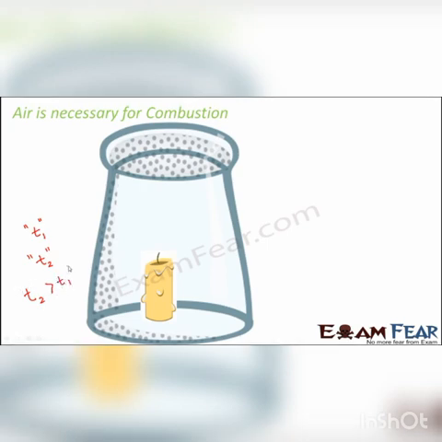That means the time for which the candle lighted in the second case is more than the time for which the candle was on in the first case. Why? That is because in the second case, the glass was bigger. In the first case, it was a small glass. So when the glass was small, there was less amount of air, so there was less amount of oxygen available.